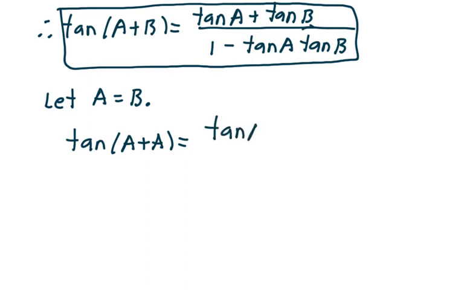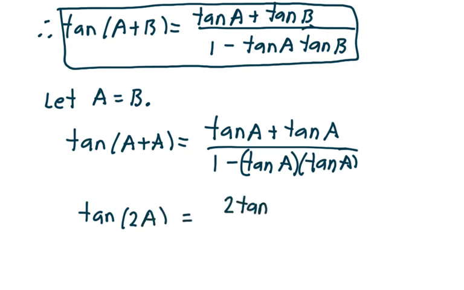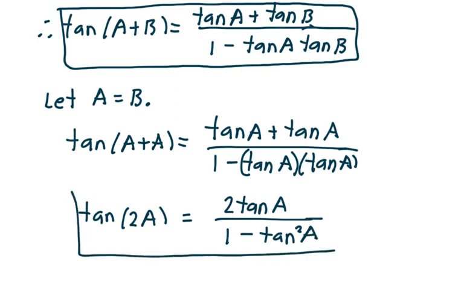So we get tangent of A plus tangent of A divided by 1 minus tangent A multiplied by tangent A. And so tangent of 2A is 2 tangent A divided by 1 minus tangent squared A. And so that's the double angle identity for tangent, like so.